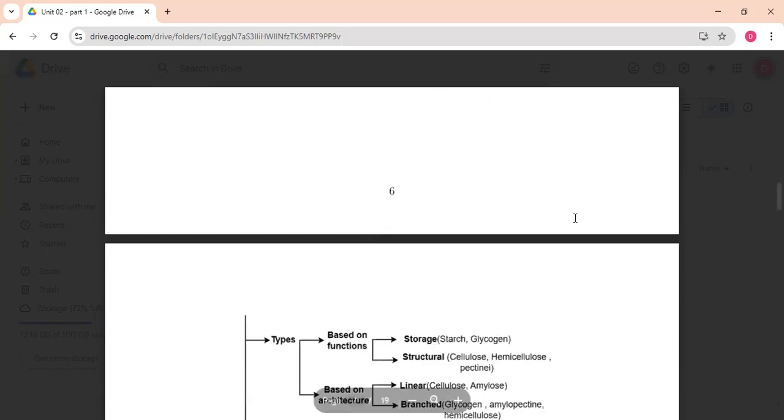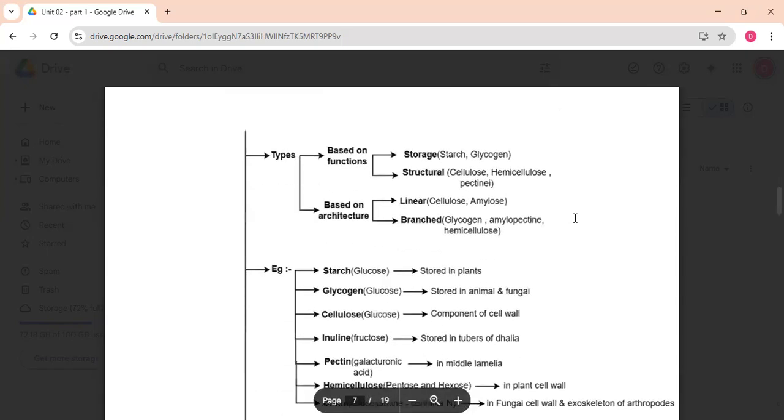Then we can categorize polysaccharides according to their function and according to their architecture. According to function, there are two types: storage polysaccharides and structural polysaccharides.